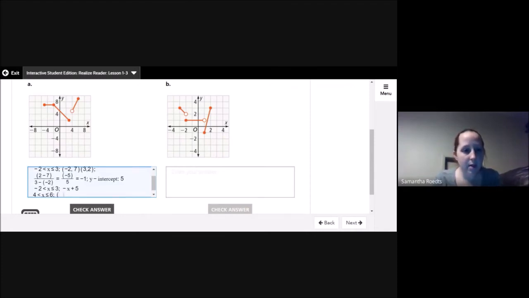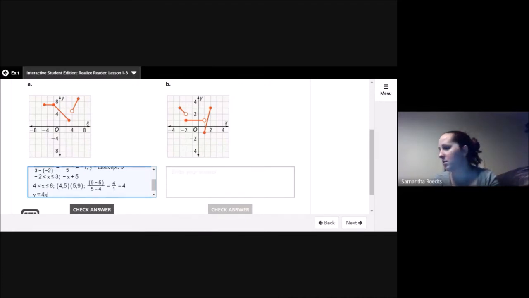My 2 points are 4, 5, and 5, 9. So my slope is going to be 9 minus 5 over 5 minus 4, which equals 4 over 1, or 4. There is no y-intercept, so y equals 4x.